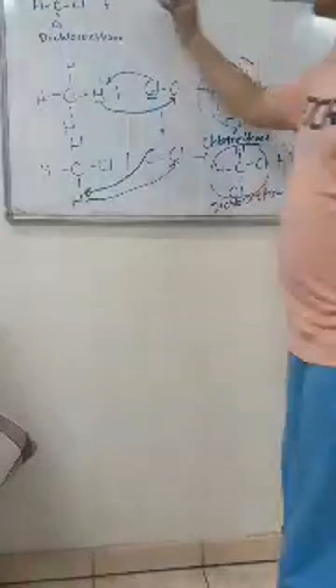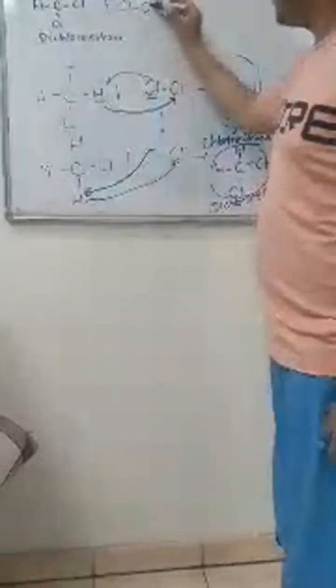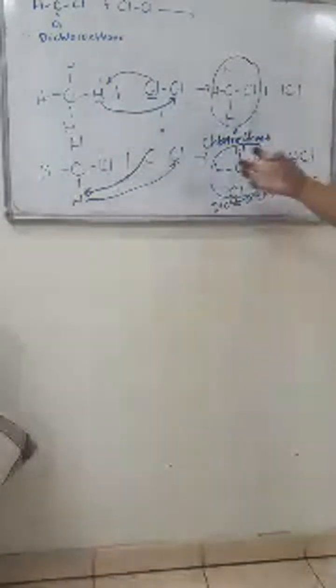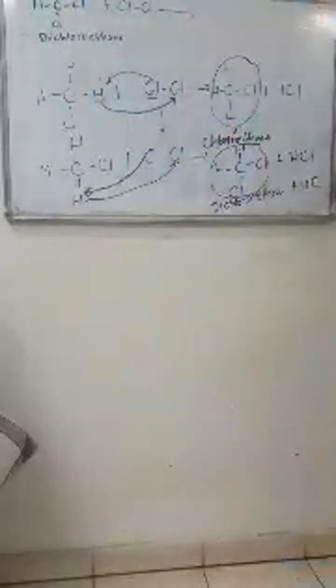Okay, plus chlorine, meaning substitution. Actually we can also say that this is dehydrogenation because you take away one atom of hydrogen from the reactant. So it would be parallel to say dehydrogenation or substitution.